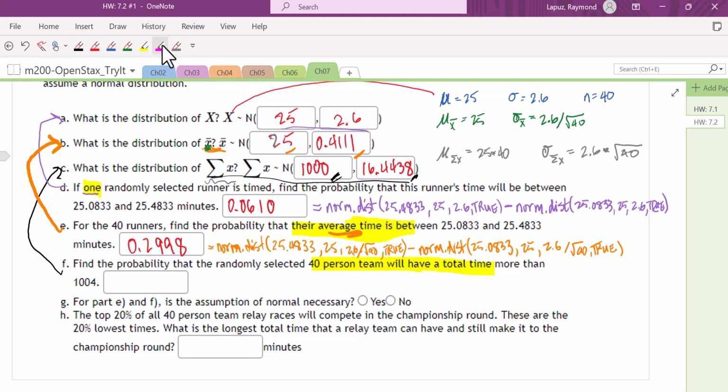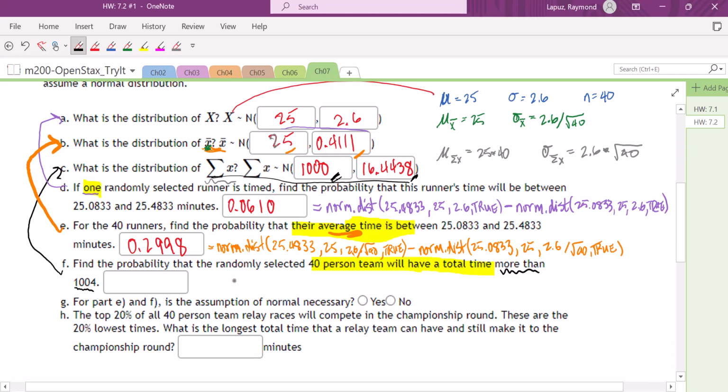There's one more thing in terms of this particular problem, one more thing to note, and that is we're looking for more than 1004. So I didn't put the probabilities here, but I put it on my Google Sheets. But here we're looking for the probability that the sum distribution, so that's the sum, the sigma of x, is bigger than 1004.